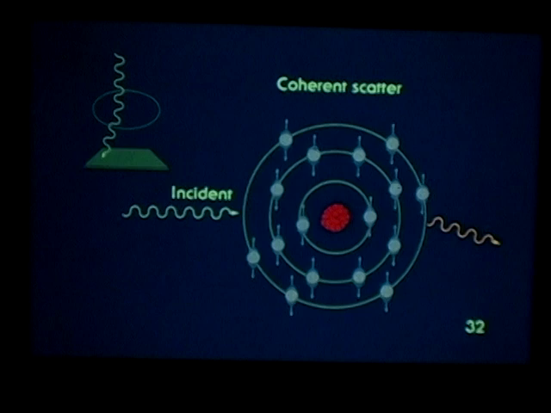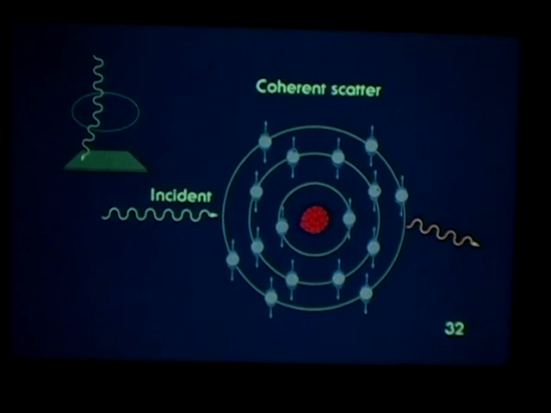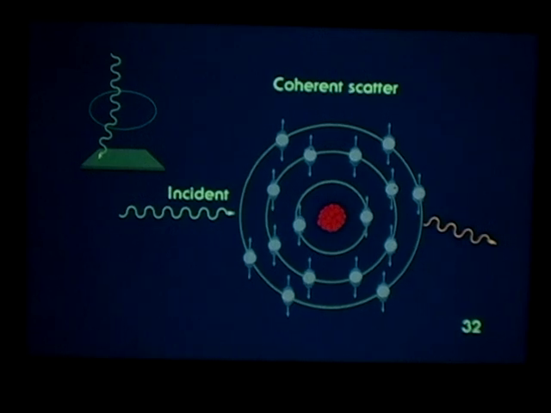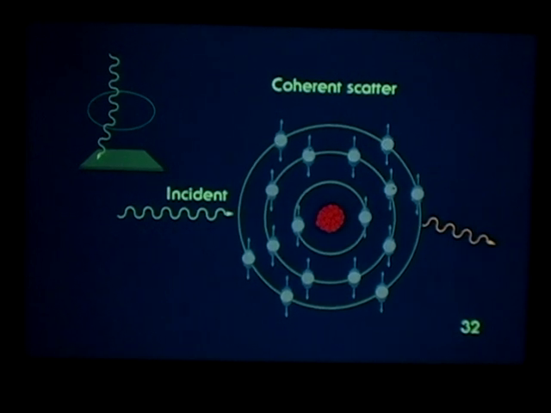Number 32. Part of the remnant radiation is made up of photons that scatter at a small angle and do not change wavelength. These photons undergo a process called coherent scatter. As you know, an X-ray is made up of changing electric and magnetic fields.